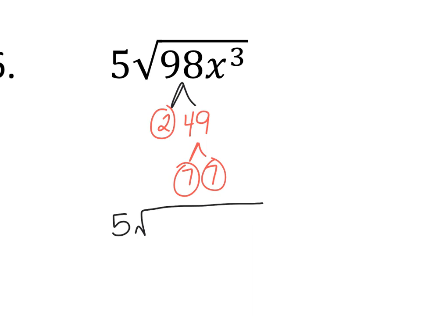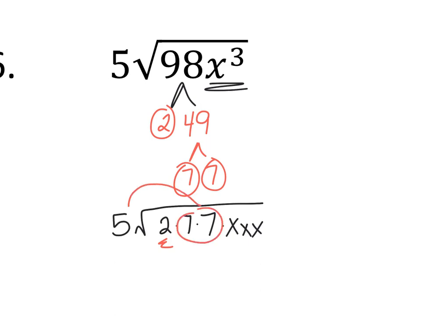So I put my 2, and then I put my 7s, and then I write down x 3 times. Double on the inside, single on the outside. This 2's got nothing to double up with, but these 7's can double up. So I bring them on the outside. I have 3 x's, but I only have 1 double.